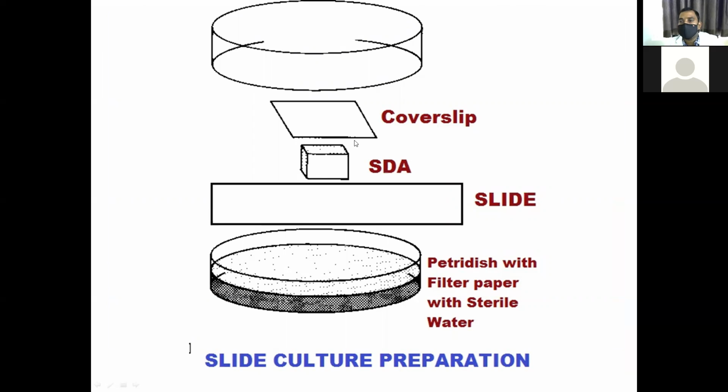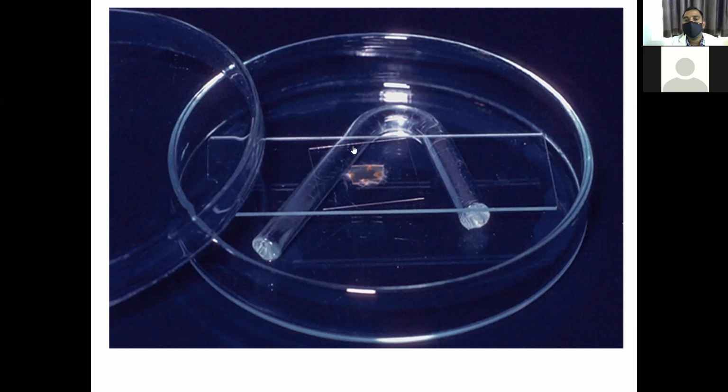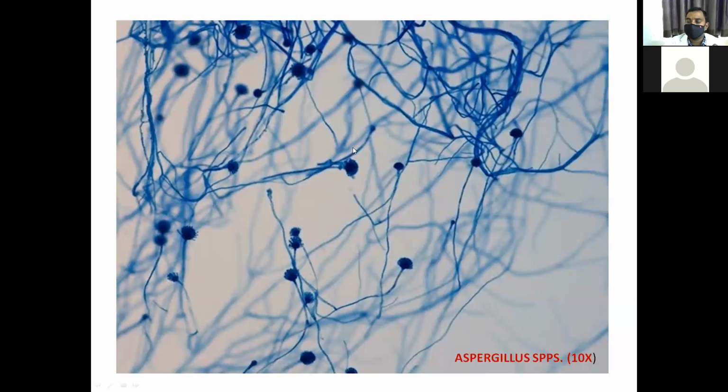With the help of sterile forceps, you will collect that cover slip and place it on a sterile micro slide. A drop of LCV will be put on that slide, and very slowly you will collect that cover slip from that SDA media and apply it in that lactophenol cotton blue. There should be no air bubbles.